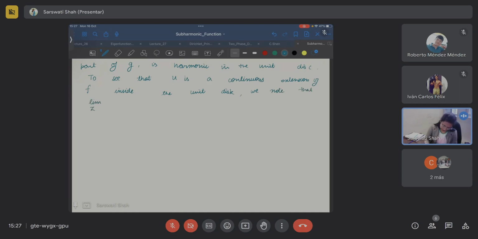the limit of z tending to e to the power iota theta, of 1 plus j bar e to the power iota t. So when you take the limit, simply e to the power iota theta is not equal to minus e to the power iota t. This is the case.